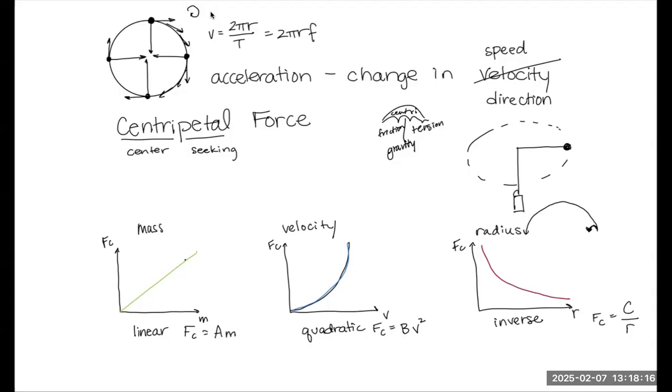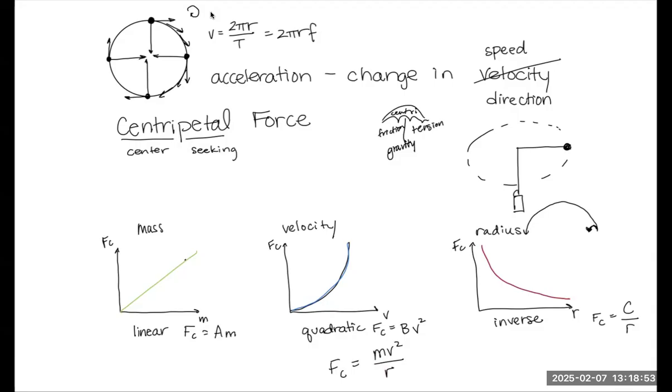So, how do we combine all of these into one equation? Well, it turns out if you gather data and look at a huge mass of data, what ends up working every time is that the centripetal force is equal to mv squared over r. So it's linear with respect to mass, it's quadratic with respect to velocity, and it's inverse with respect to r.